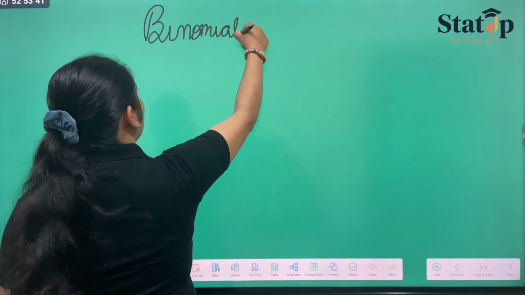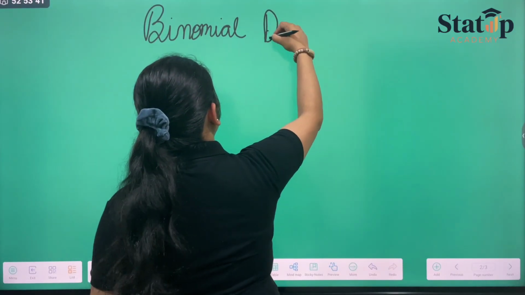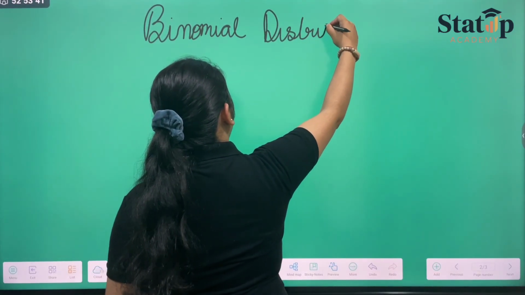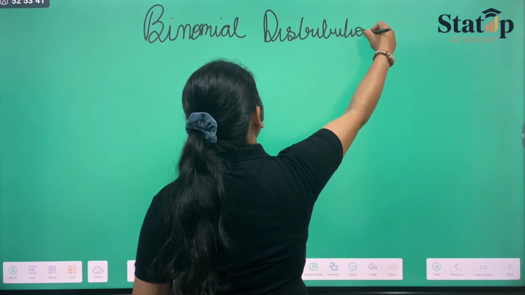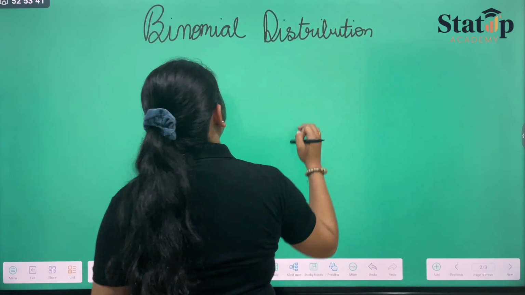Now we all know what binomial distribution is. Binomial distribution is a discrete distribution.